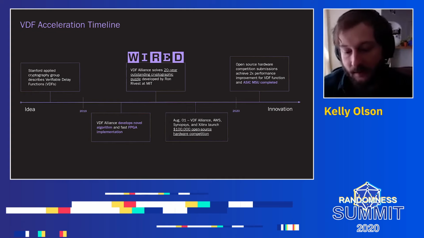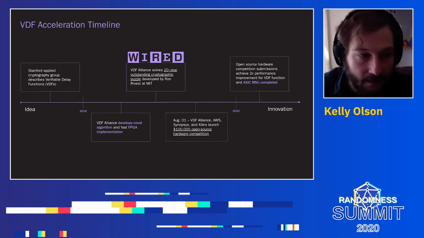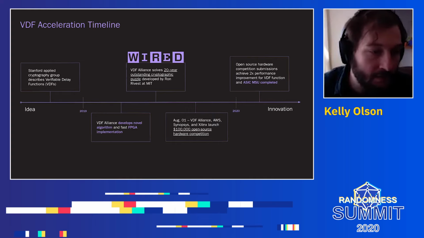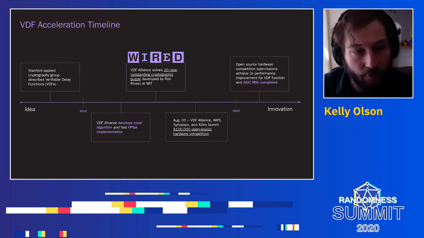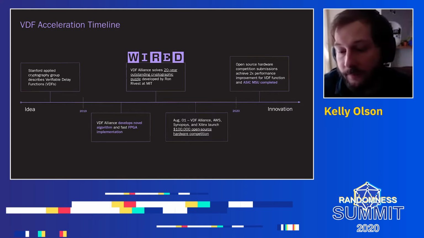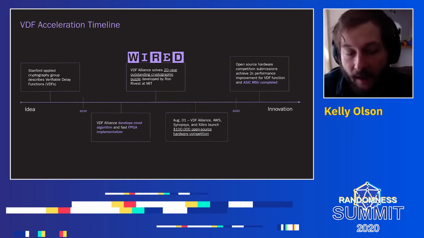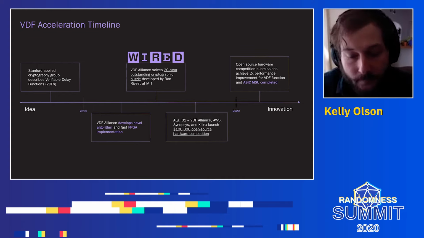To provide some context for how quickly this hardware acceleration has been progressing, Joe and his team at the Applied Cryptography Group at Stanford, I believe, first introduced the concept of VDFs in around June of 2018. By around March of 2019, the VDF Alliance had both developed a novel algorithm for doing fast modular squaring and implemented this on an FPGA.